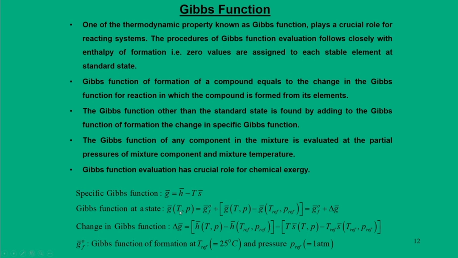Through this process we can find the molar Gibbs function at a given temperature and pressure with knowledge of the Gibbs function of formation and the Gibbs function change, and this change can be found from enthalpy, temperature and entropy. So, to calculate the Gibbs function we also need the information of enthalpy and entropy.